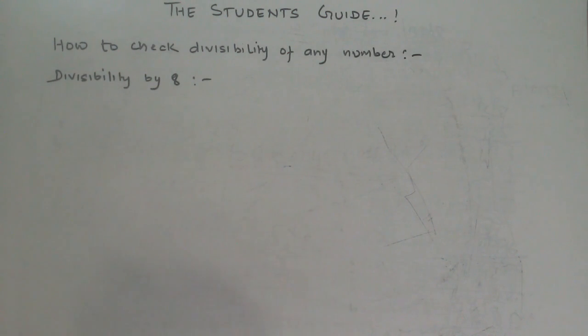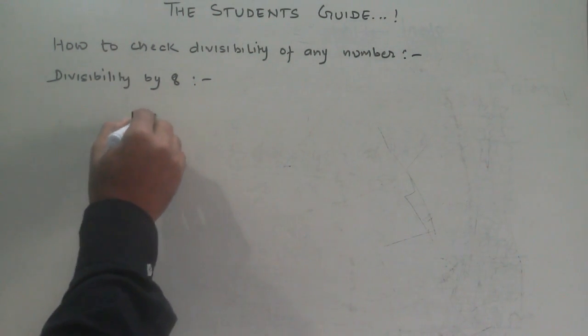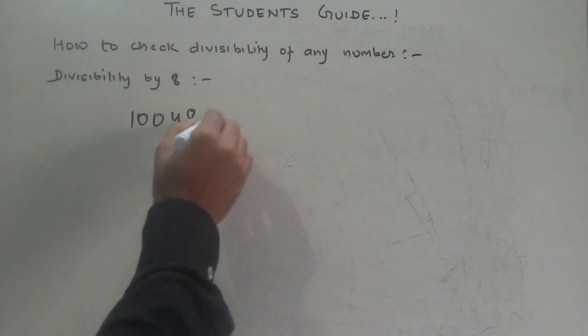How will we find that the number is divisible by 8 or not? We will check the last 3 digits of the number. If the last 3 digits of the number are divisible by 8, then the whole number will be divisible by 8. Okay, let's see an example. Suppose we have 10048.